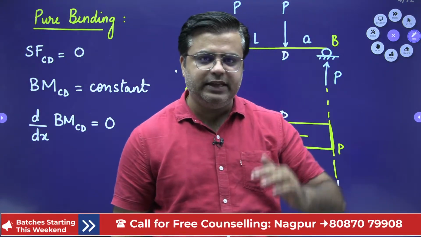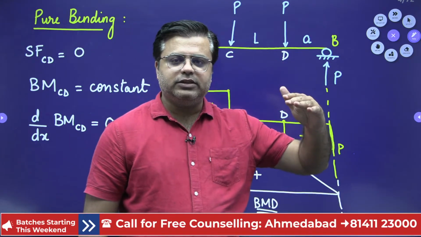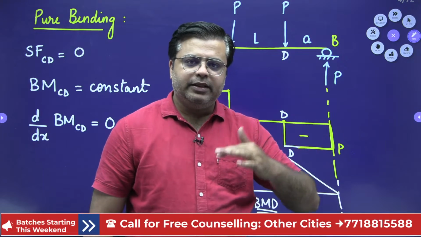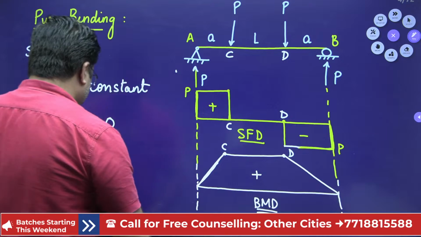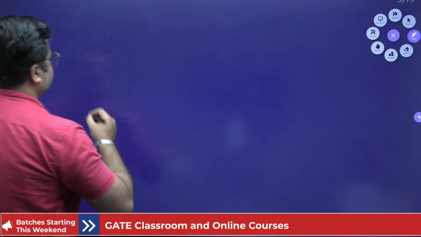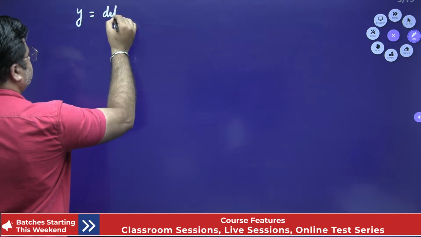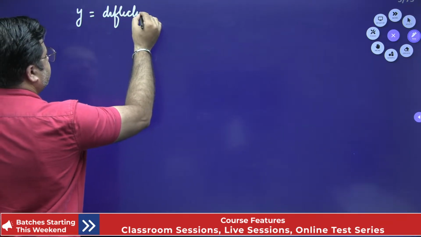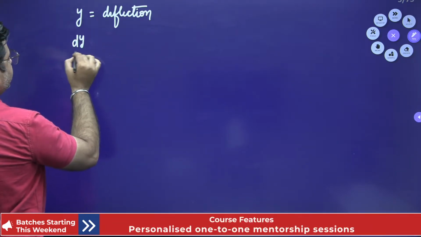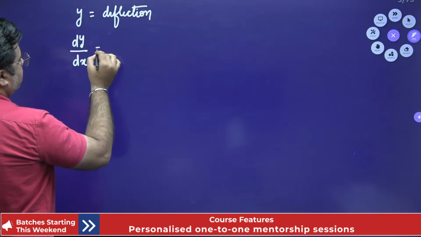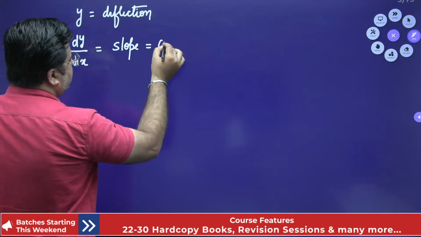Actually, there is a series of relations starting from deflection, then slope, then bending moment, then shear force, then intensity of loading, right? So those relations are like this. If y is the deflection, then dy by dx is the slope, which is equal to theta.